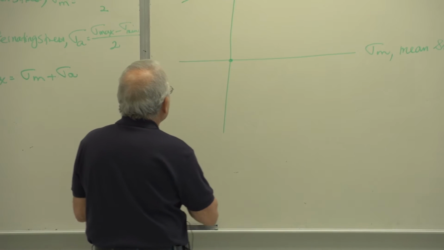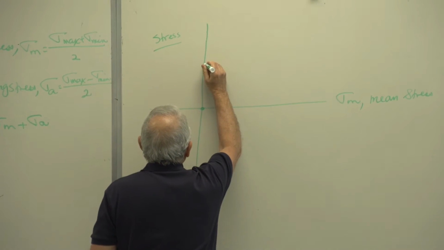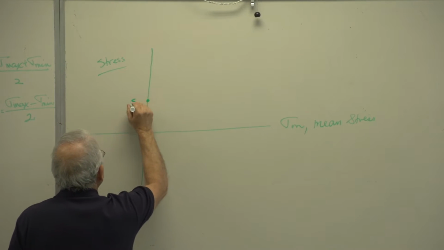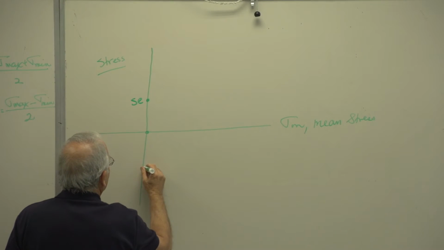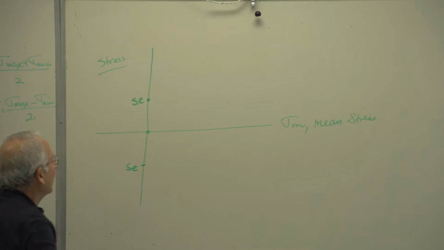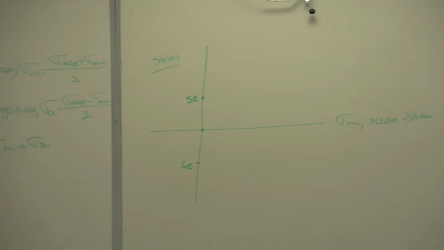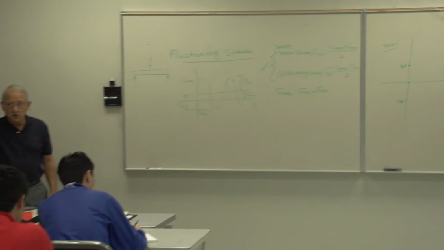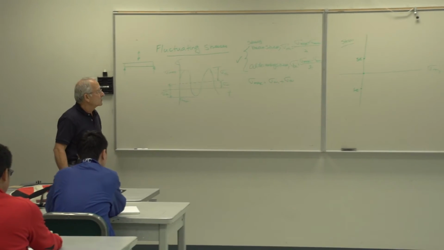So let's say this is the value of SE here. And I should draw it both as positive and as negative, correct? Because this is completely reversed. It goes from SE in tension to SE in compression.